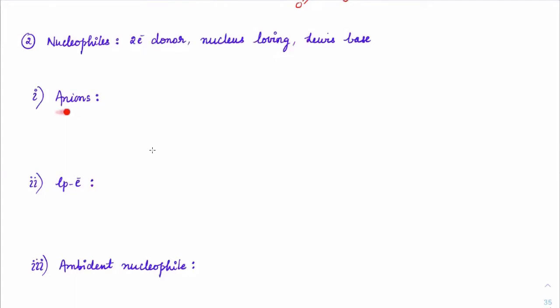See, most of the anions will always donate electrons. So which includes Cl minus, F minus, okay. We have Br minus, I minus, halides, cyanide CN minus, OH minus, RO minus, CH3 minus, RS minus.